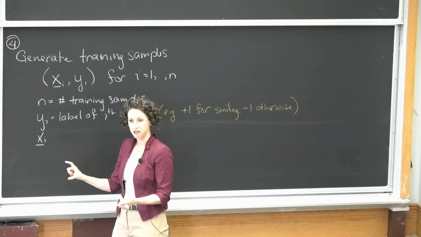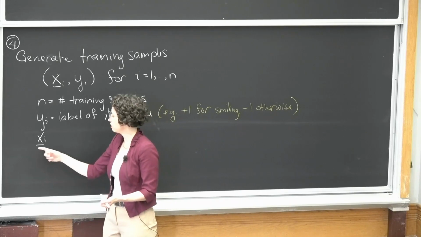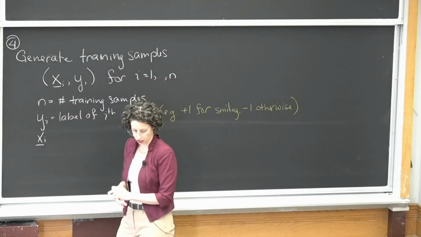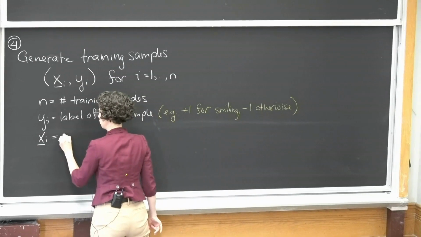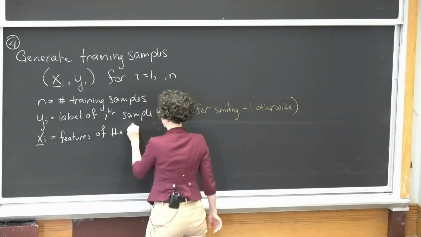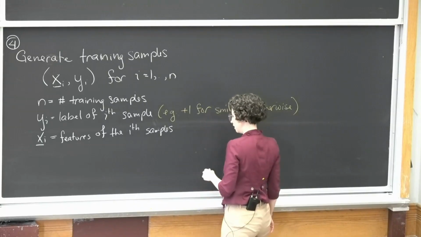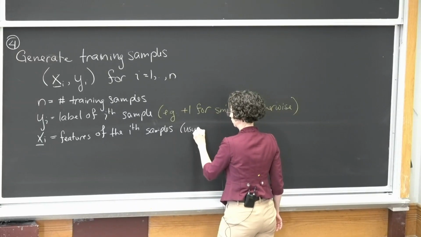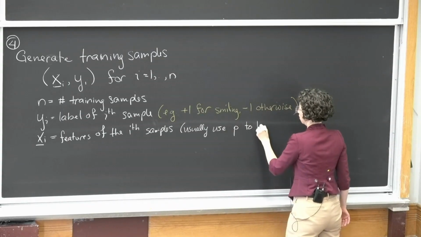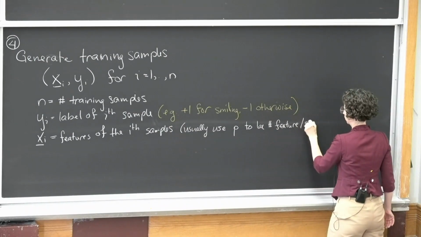There we've got 3 different features, and we're putting them all together in this one vector, xi, and we use this underline to indicate that there could be more than one feature in this vector. So this is equal to the features of the ith sample. And in general, we are usually going to use the letter P to be the number of features per sample.